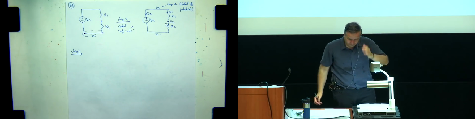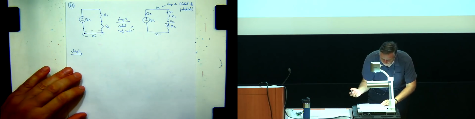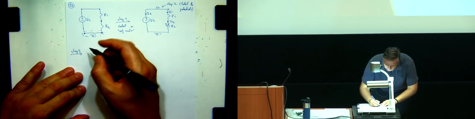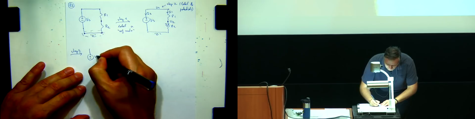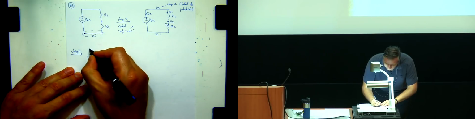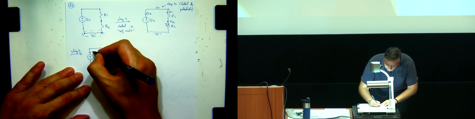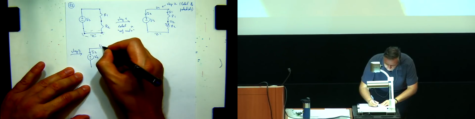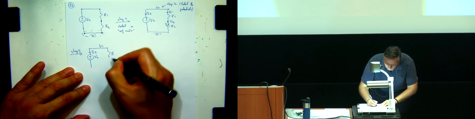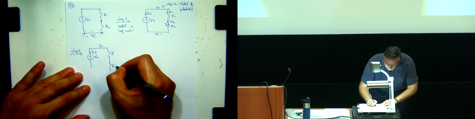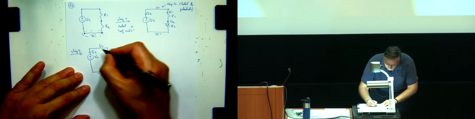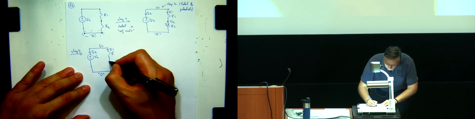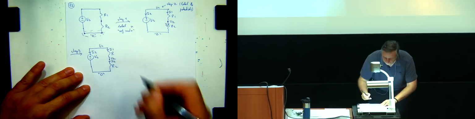Okay. Let me try to clean it up a little bit. Let's do it here. I3, U1. This is U2.